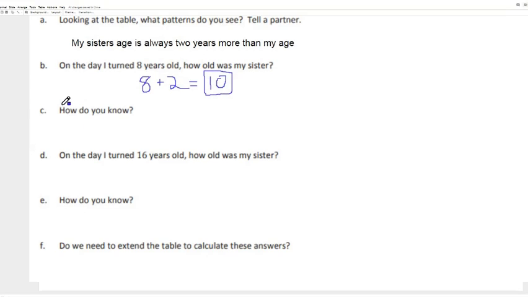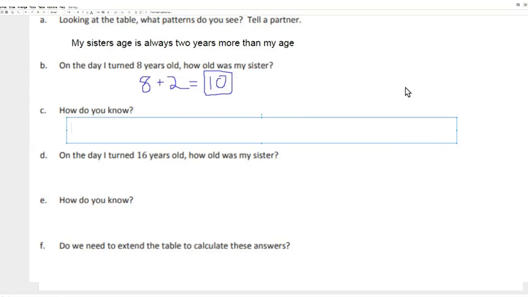And it says, how do you know? Well, once again, if we follow the pattern, since my sister is 2 years older than I am, I just simply add 2 to my age. So how do I know this? Since my sister is 2 years older than I, we just add 2 to my age.